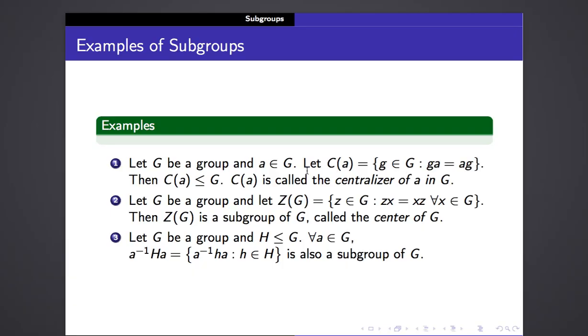In other words, C of A is the set of all elements in G that commute with the element A. Then C of A is a subgroup of G. So C of A is called the centralizer of A in G.